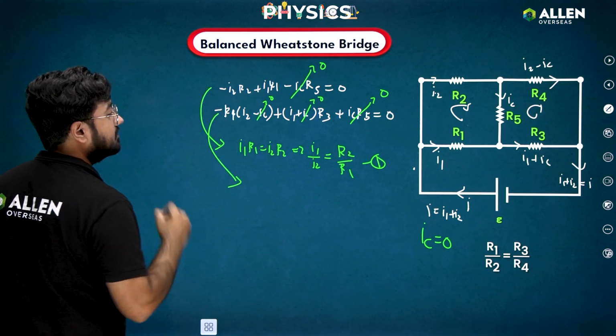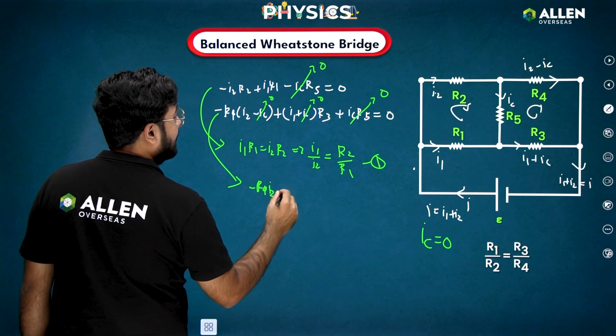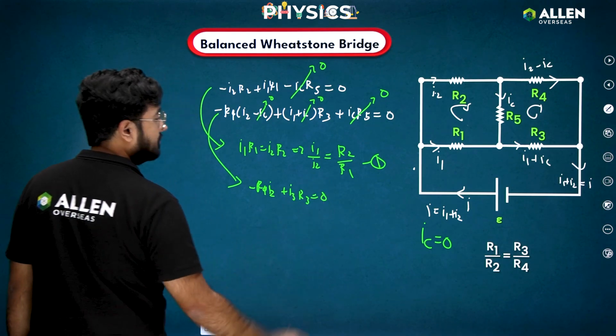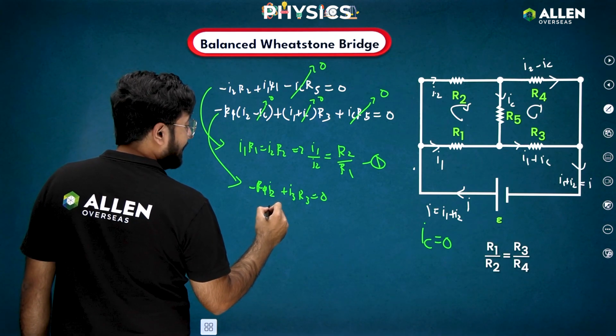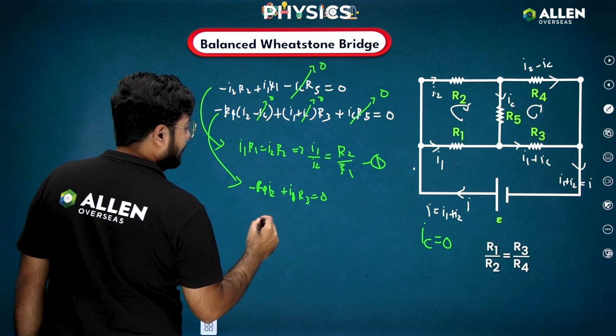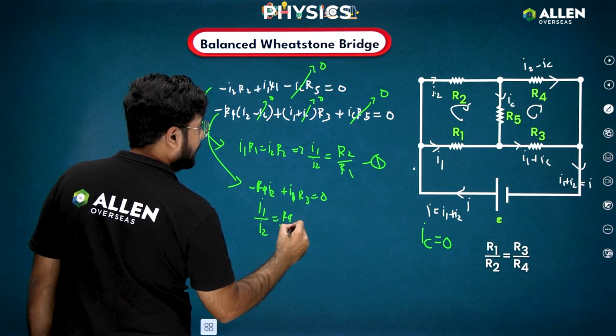From the second branch, what are you going to get? Minus R4 I2 plus I1 R3 is equal to 0, right? If IC is 0, then I1 by I2 is equal to R4 by R3.